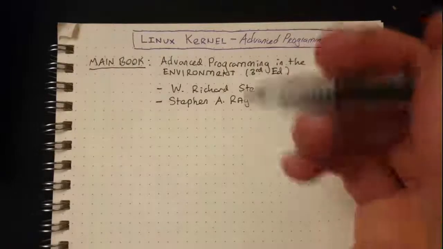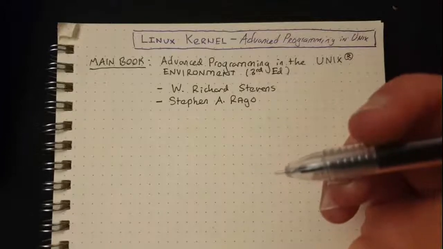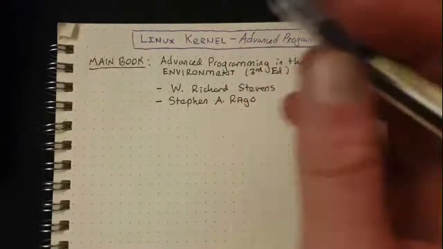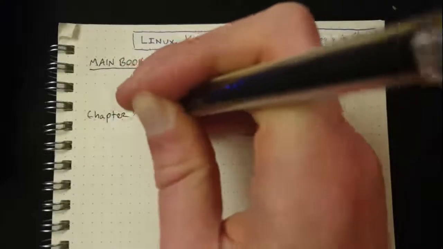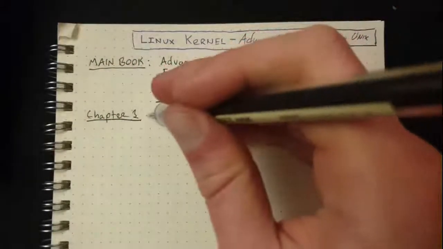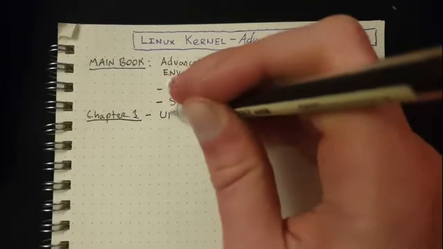I'm going to start off with chapter 1. I'm not going to look at any prefaces. And chapter 1. This is mainly an overview about the Unix system.